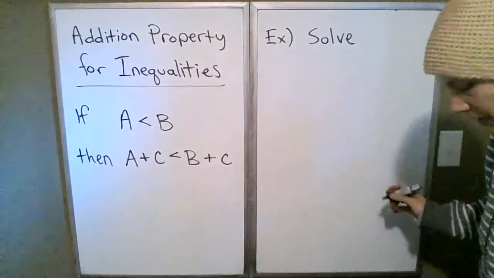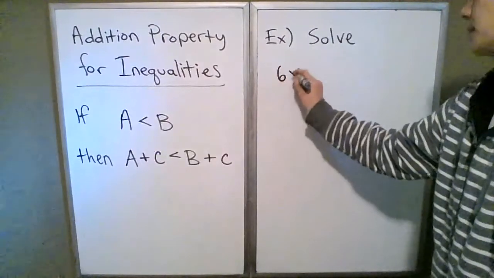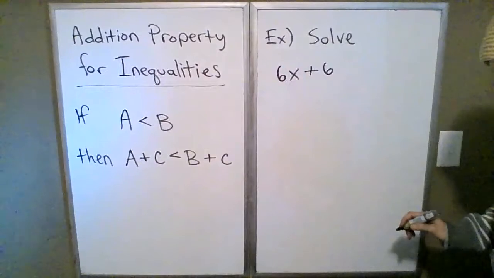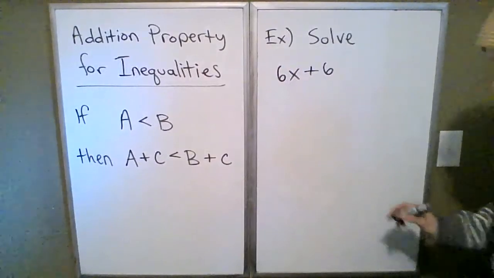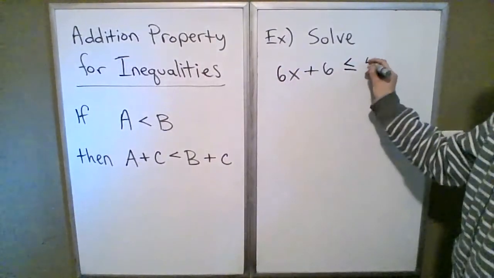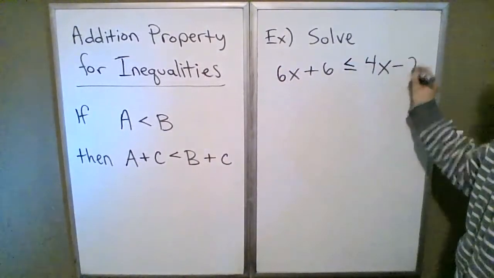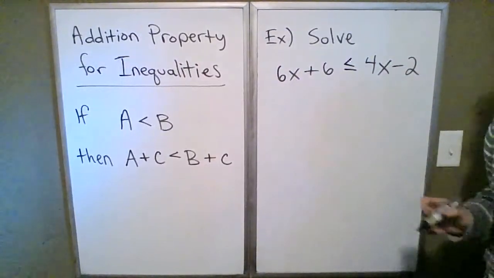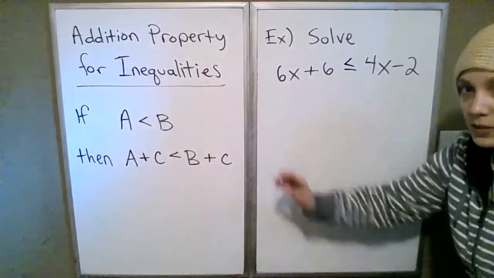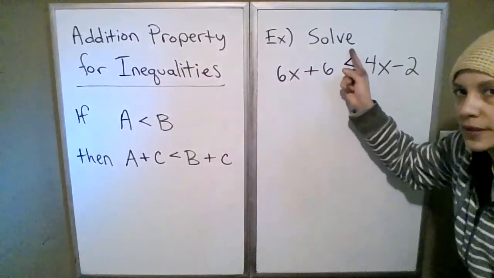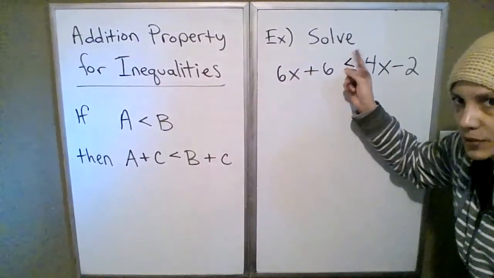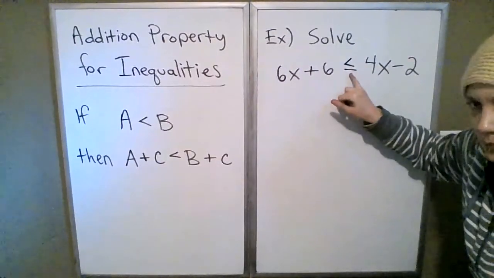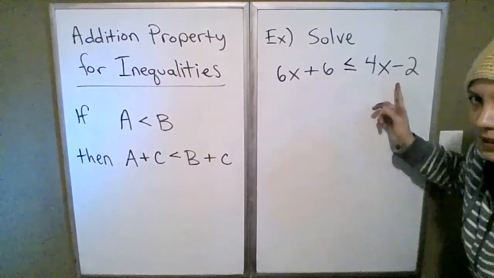It's 6x plus 6 less than or equal to 4x minus 2. So also we've mentioned that when you solve for a variable, you want to isolate that variable, have it on one side of your symbol, and everything else on the other side.